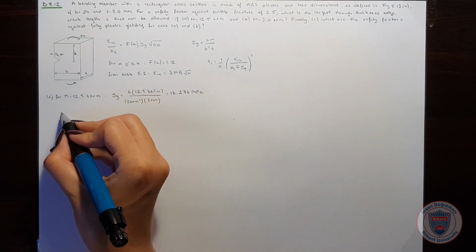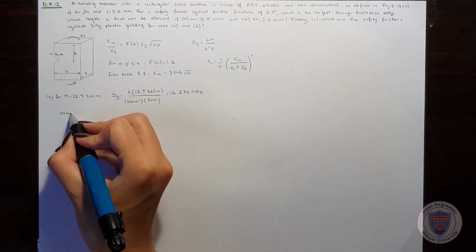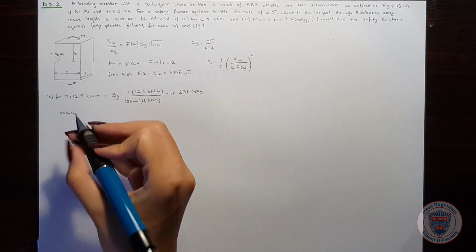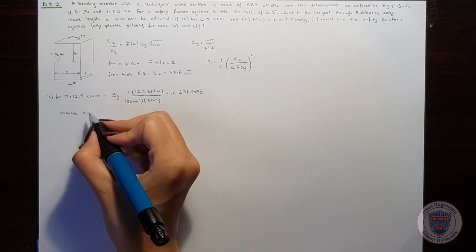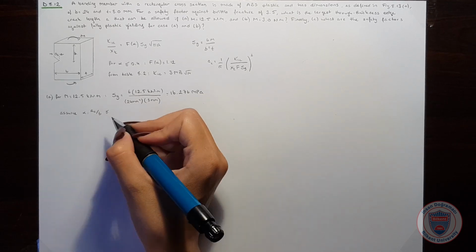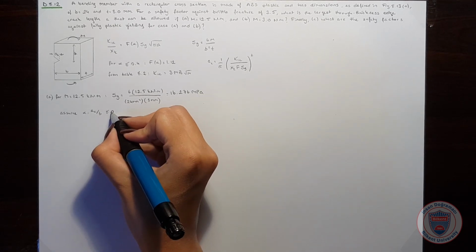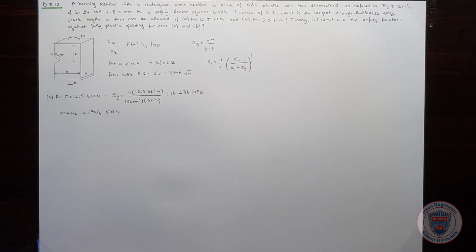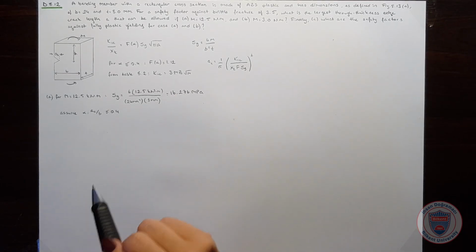Let's assume alpha, equal to a_c over b, will be smaller than or equal to 0.4, so that F is equal to 1.12.